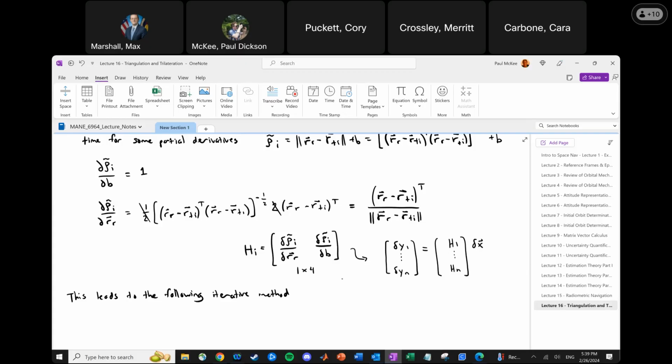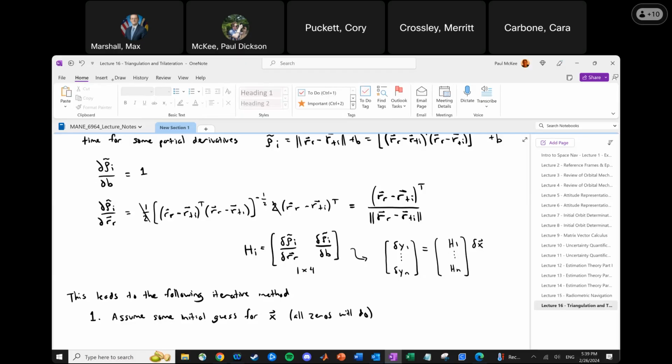Okay. Number one, assume some initial guess for your state. And all zeros will do, actually. Iterative methods are notorious for not converging, so we want to be careful about that.